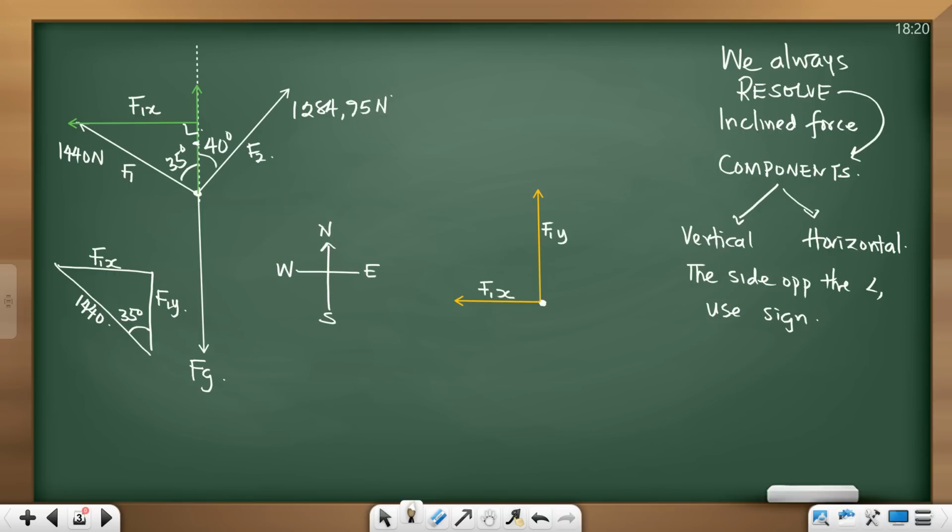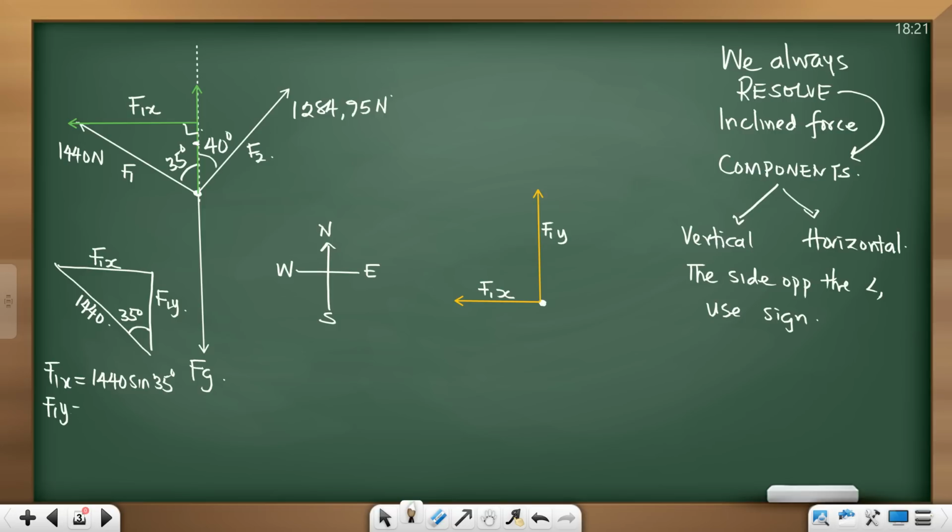It's X. So it means my F1X would be 1440 sine 35 degrees. The one that is opposite, we use sine. Once you get that, we're just going to repeat this over and over again. F1X is 1440 sine 35.